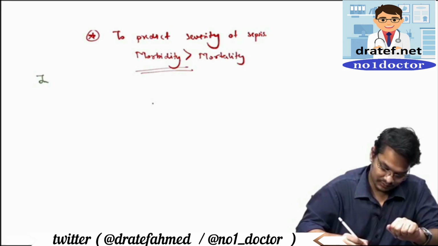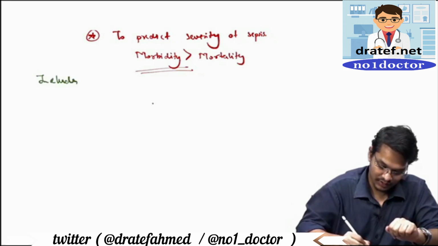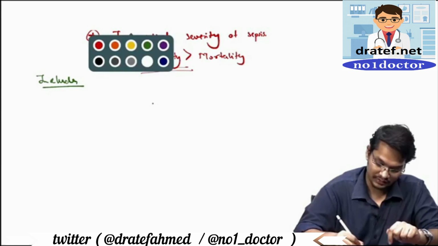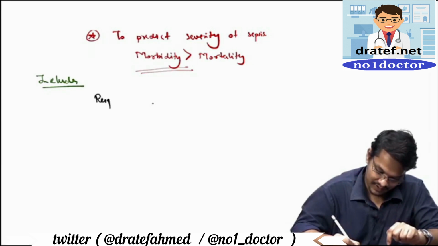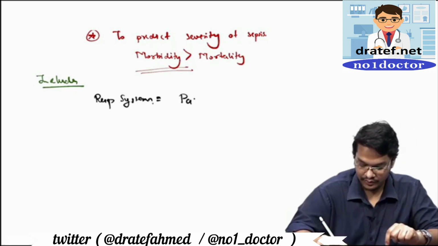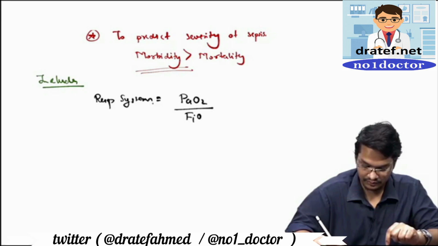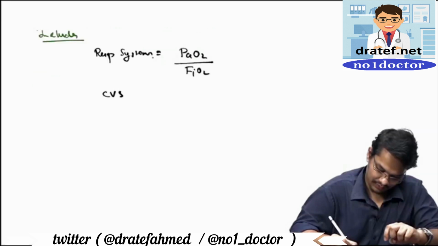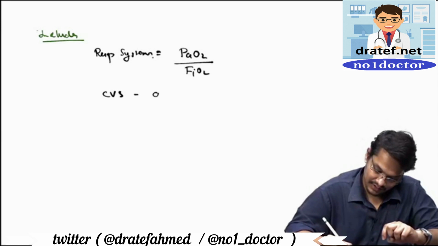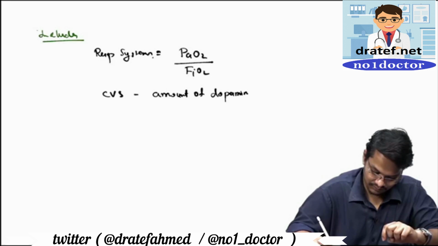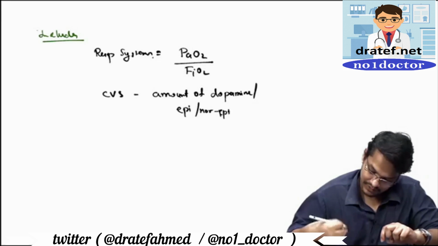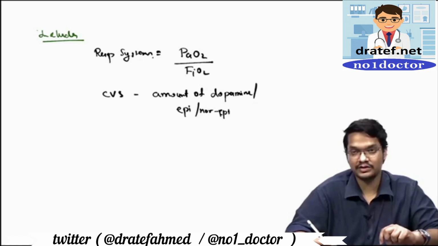So for calculating this score, the criteria that are included are: first, for the respiratory system, we use the ratio of PaO2 upon FiO2. For CVS, what we use is the amount of dopamine, epinephrine or norepinephrine which is required to prevent tissue hypoperfusion.